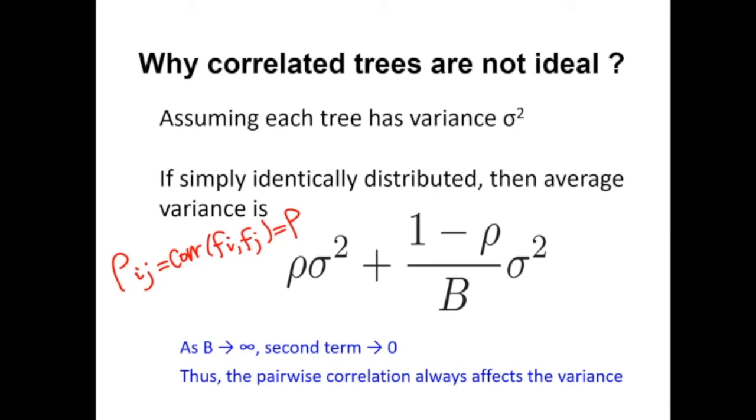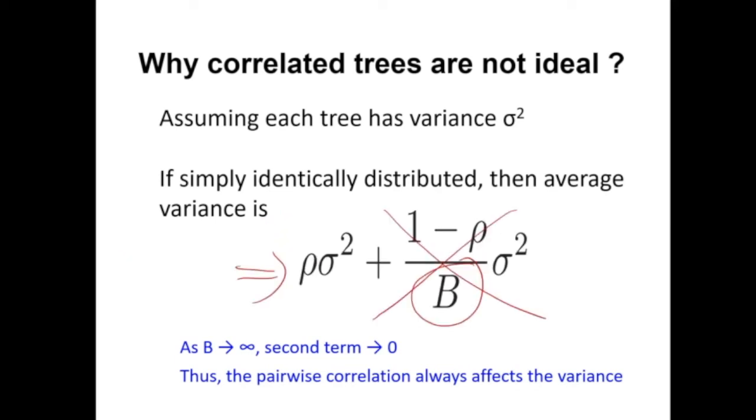This looks pretty weird, so why do I write it like this? It's actually very easy to see. When you have more and more B, the denominator becomes super large, which makes this portion not matter at all. Then the whole variance of the model is controlled by rho and sigma squared. So you really want to decrease rho to make a smaller variance.